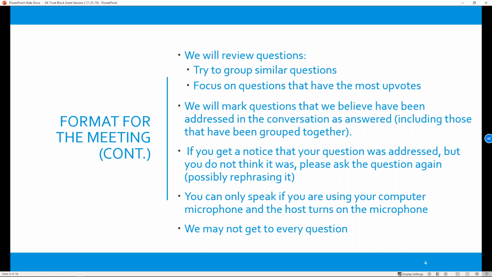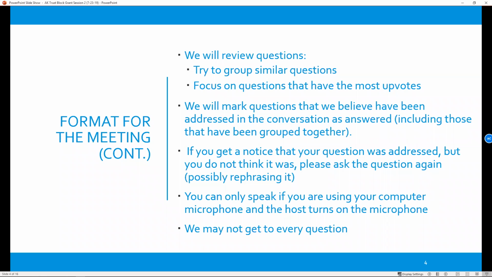You will only be able to speak if you're using your computer microphone and the host turns on your microphone. If we're asking a question and there's a follow-up point related to that particular question, there is an icon for raising your hand. We will try to monitor raised hands and turn on your microphone.